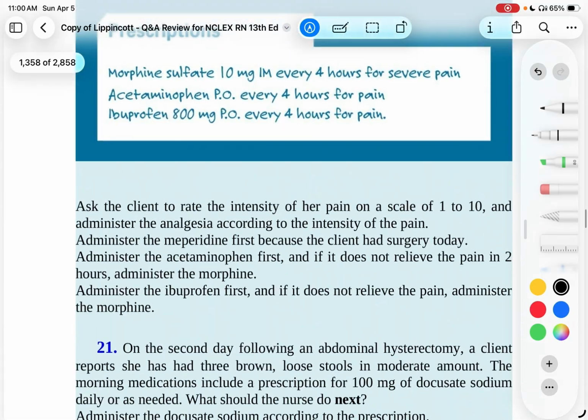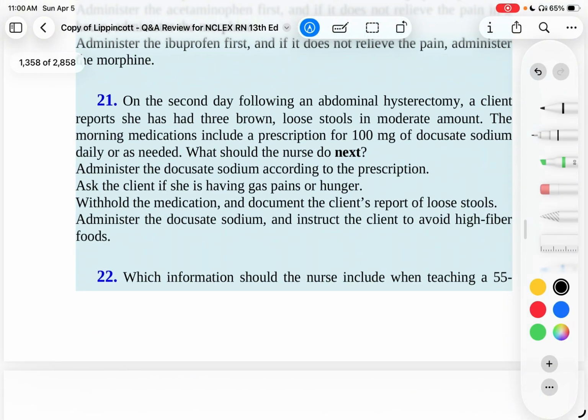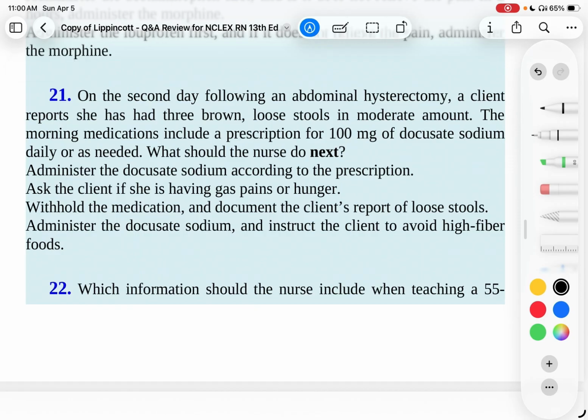On the second day following abdominal hysterectomy, the client reported having 3 loose stools in moderate amount. The morning medications include a prescription for 100 mg of docusate sodium.